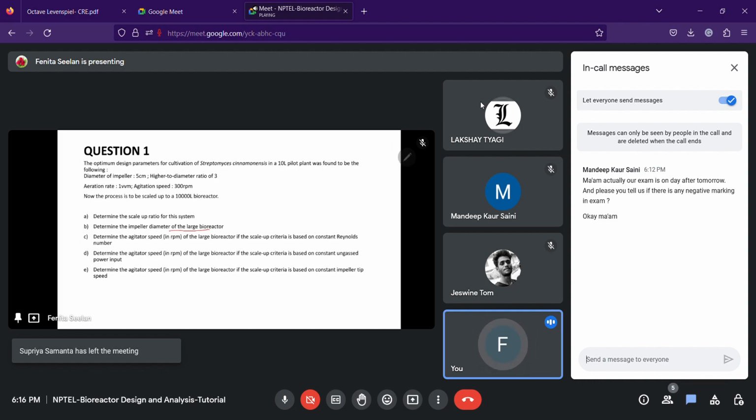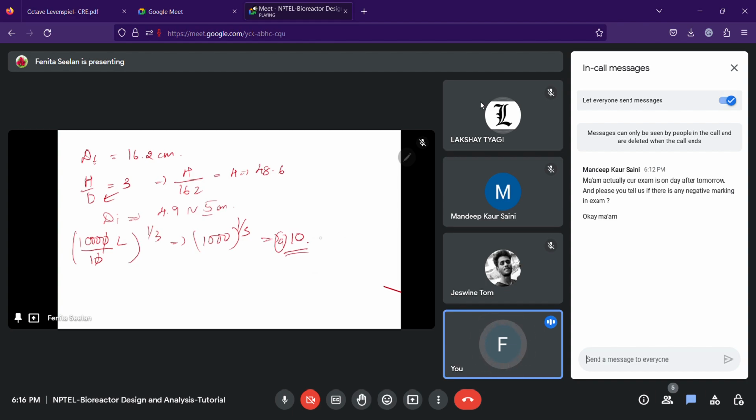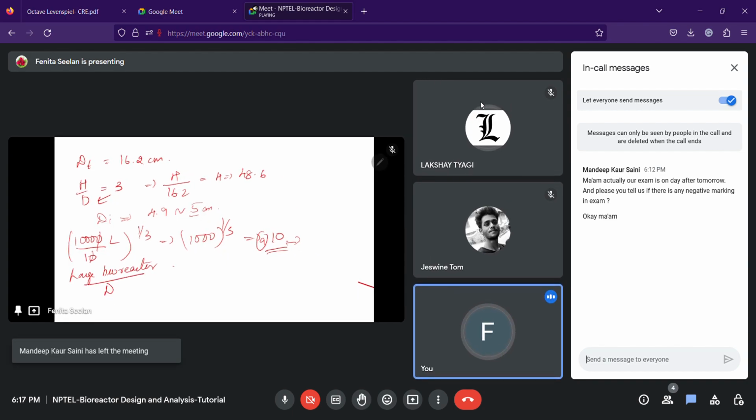Once you found out your scale up factor, you have to multiply it by your smaller scale reactor's dimensions. So your DT of your larger bioreactor would be 6.2 into 10. If you do that, it is 162 centimeter, or you can keep it as 1.62 meter.